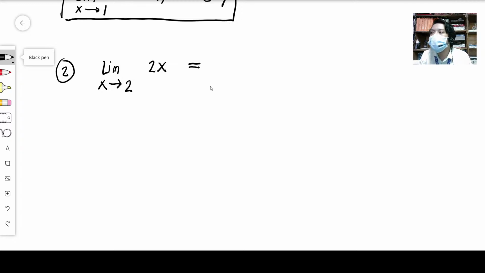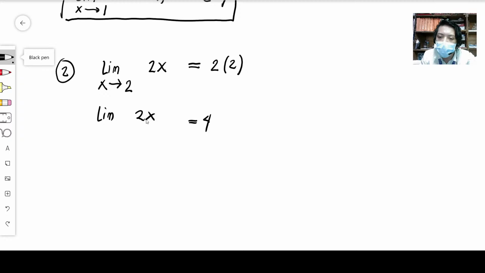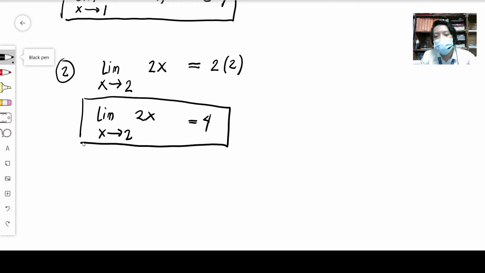You can directly substitute the value of x that x approaches. So this will be 2 times 2, which is equal to 4. Meaning, the limit of 2x as x approaches 2 is equal to 4. This is the answer for number 2. So that's how you solve.